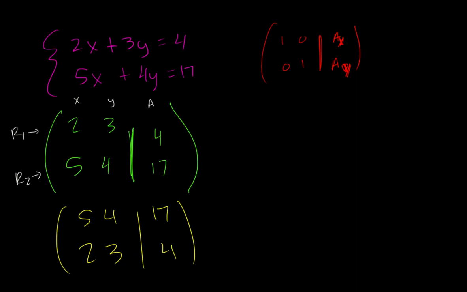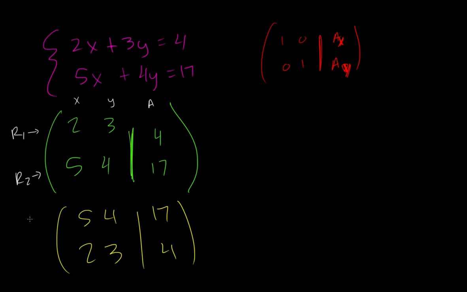And then what I'm going to do is multiply the top row. Let's see, what should I do? Let's multiply the top row by 2 and the bottom row by -5.